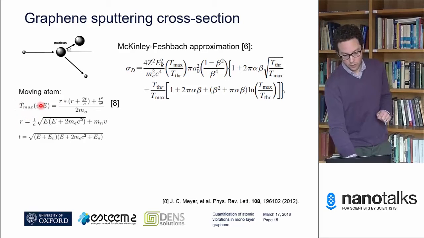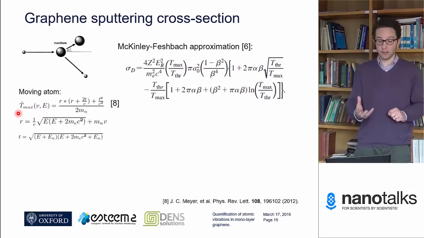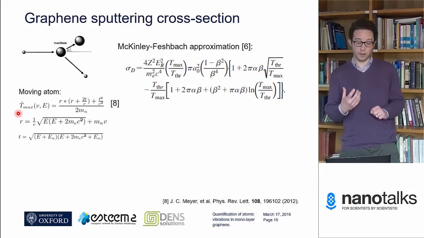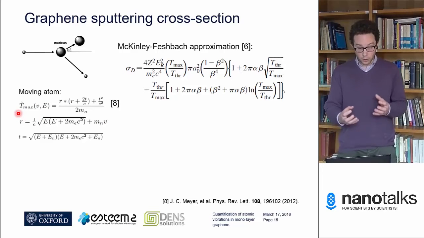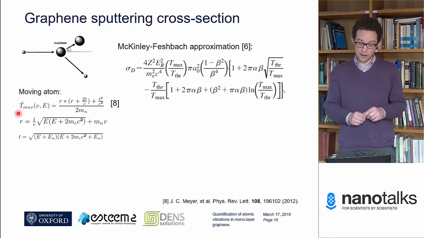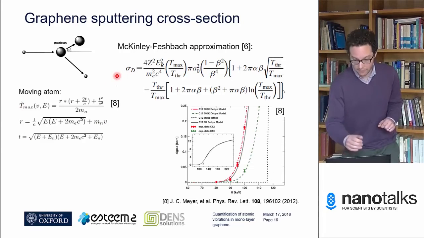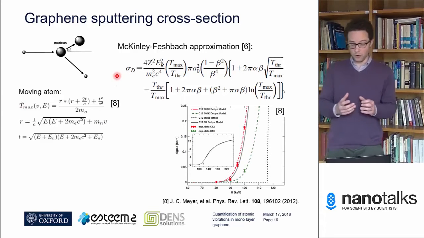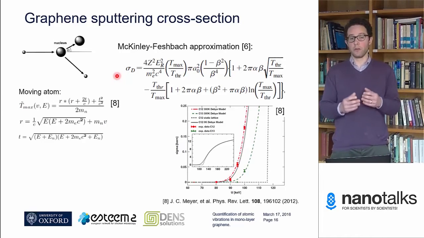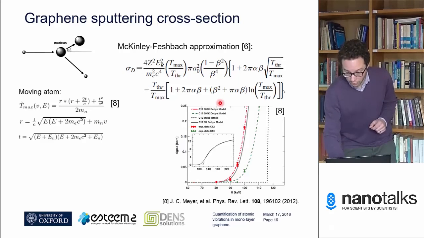alter the equation for the maximum amount of energy that can be transferred from an incident electron to a carbon atom to include a velocity of the carbon atom parallel to the incident electron, and then put this number into our McKinley-Feshbach approximation, then you actually get a finite probability at low voltages that you will eject a carbon atom from the graphene lattice.